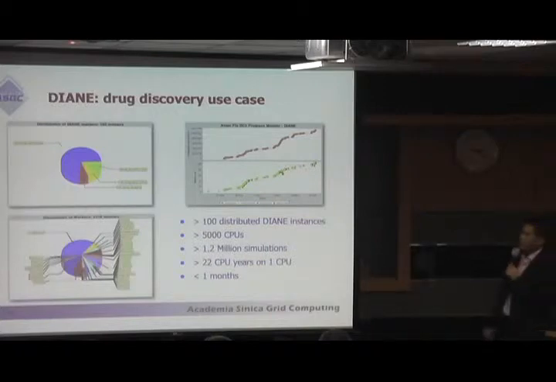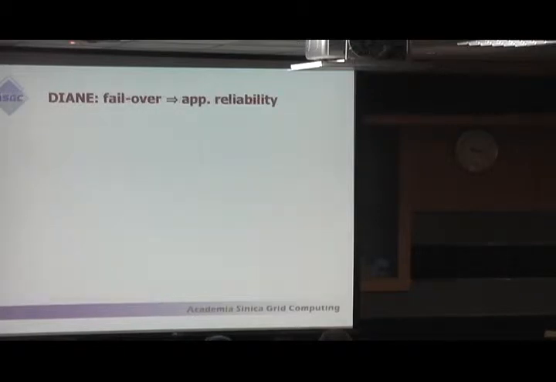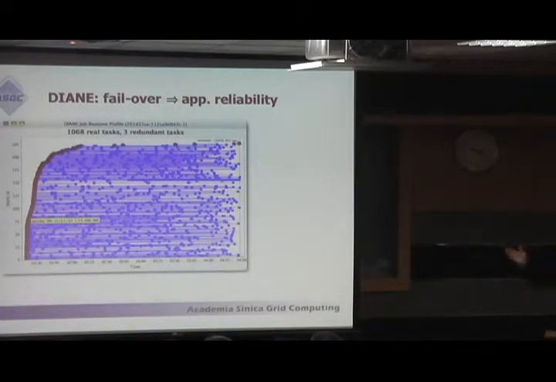So this is something we used for the second event exercise. In total, we managed to mobilize over 5,000 CPUs in the world to do the simulation. Again, because we have to live with the failures which can happen anytime on the grid, failover is very essential for the reliability of the application. So this is the real case that you will see.